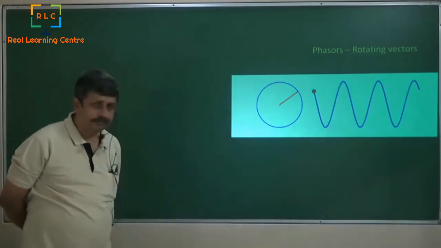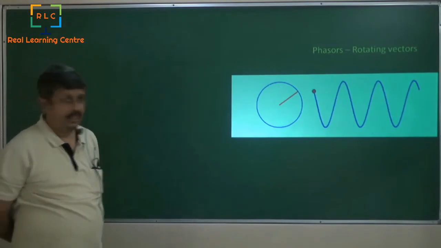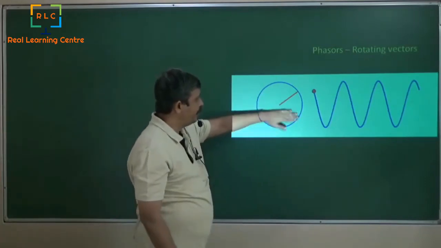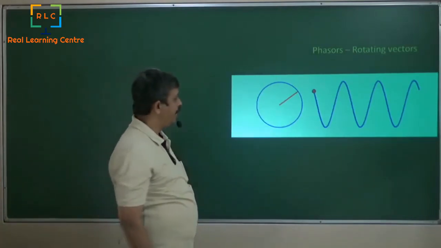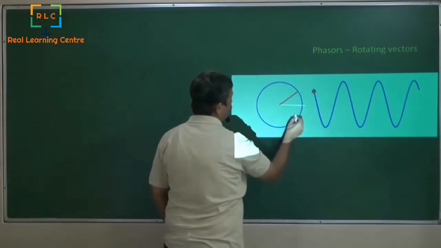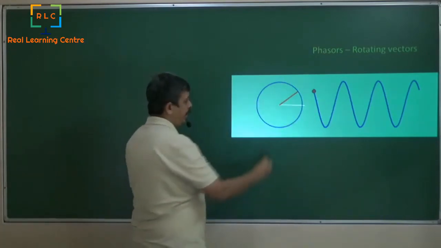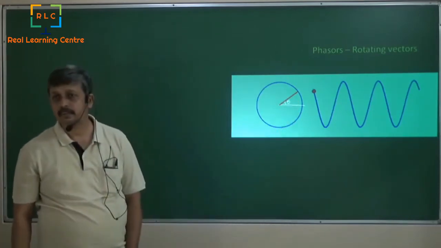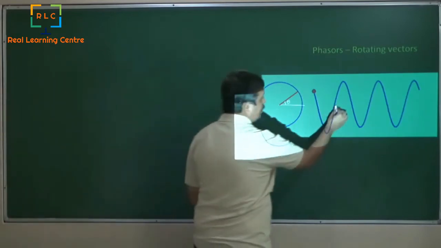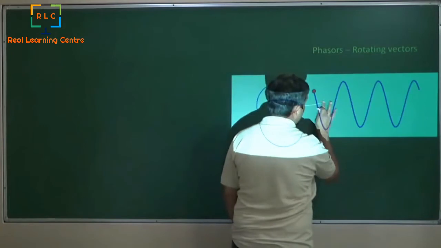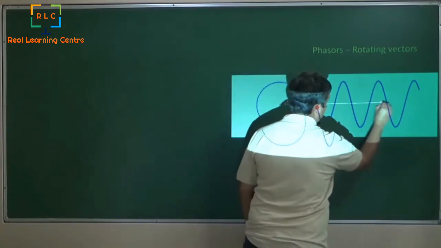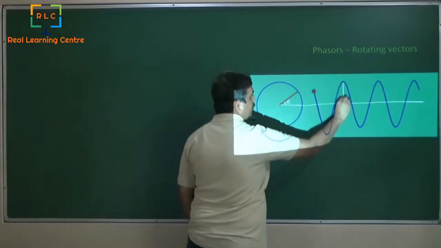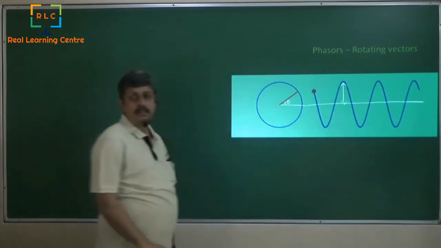So first thing is, whenever you have an AC wave like this, you can see this is an AC sine wave, you can say that if I take, for example, one circle, and let us say this is my theta angle, and this height, let us say, is my maximum height.